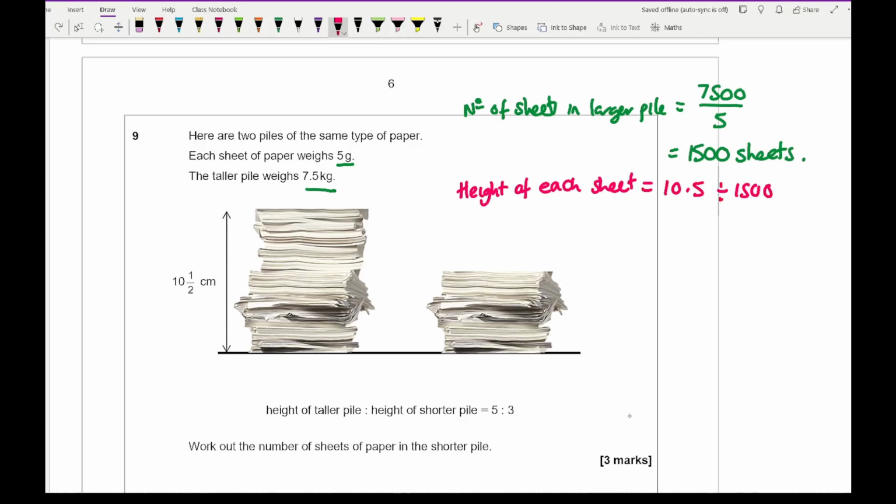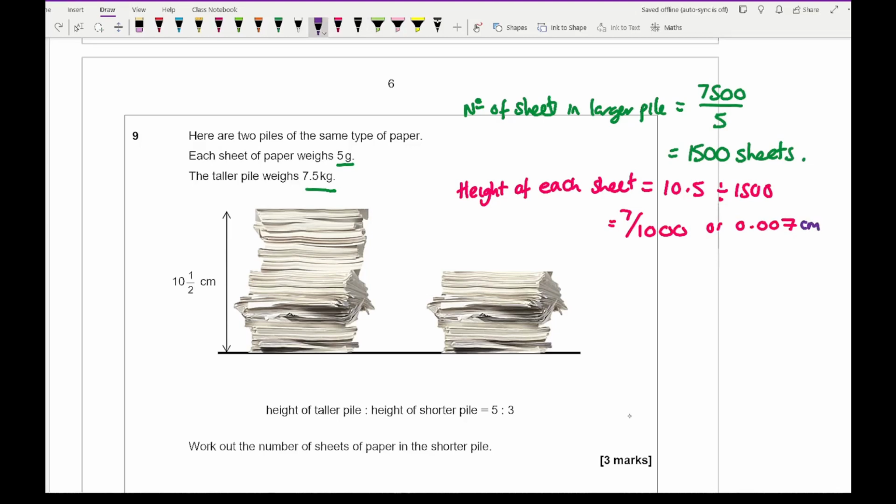And if I type that all into my calculator, so 10.5 divided by 1500, I get 7/1000. And I'm going to leave it as a fraction. I could write it as a decimal, which is 0.007. That's in centimeters.